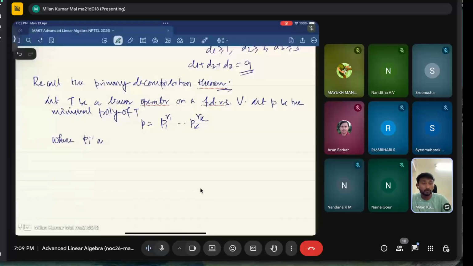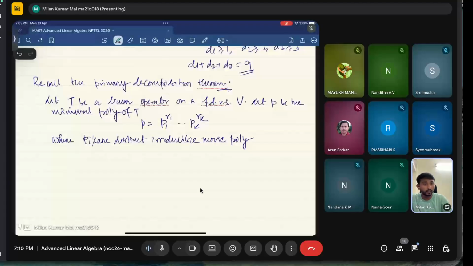So what was a monic polynomial? A monic polynomial is a polynomial where the coefficient of the highest degree term is actually 1. That means if n is the degree of the polynomial, then it is a monic polynomial if the coefficient of x to the power n is actually 1. Monic polynomials over the field F where the vector space is defined, and the Ri are positive integers greater than or equal to 1.